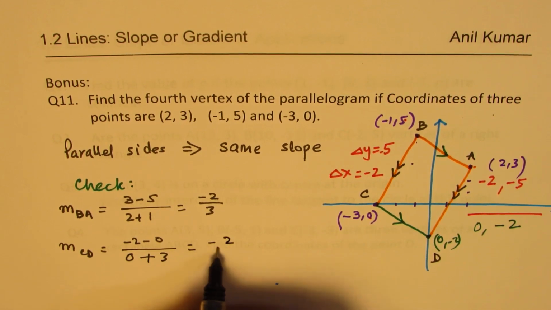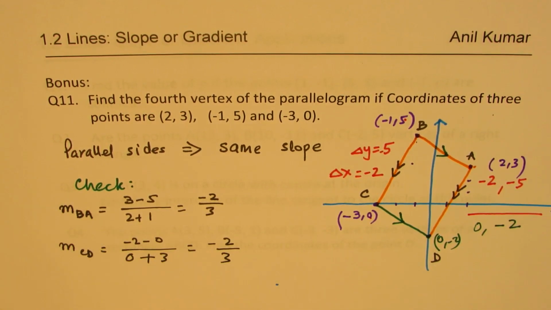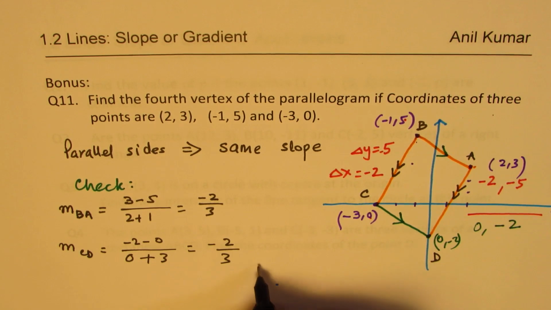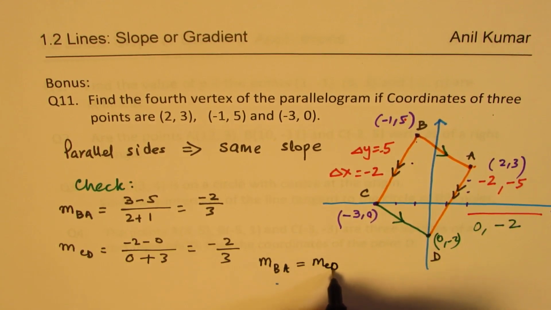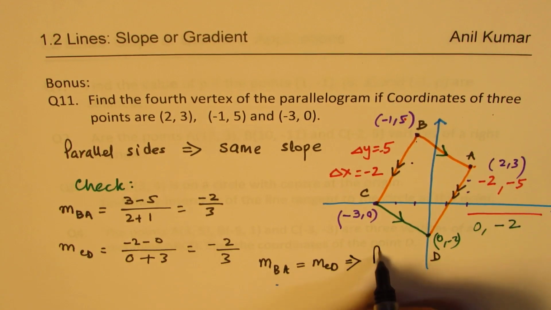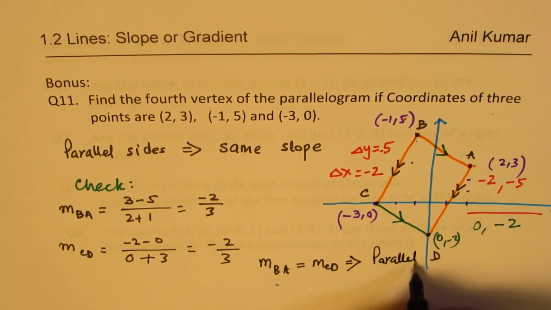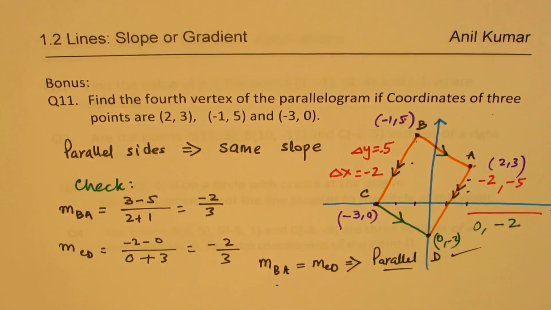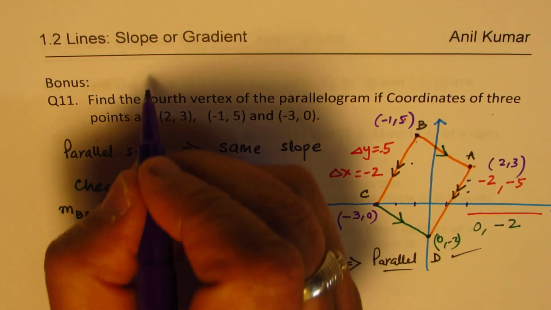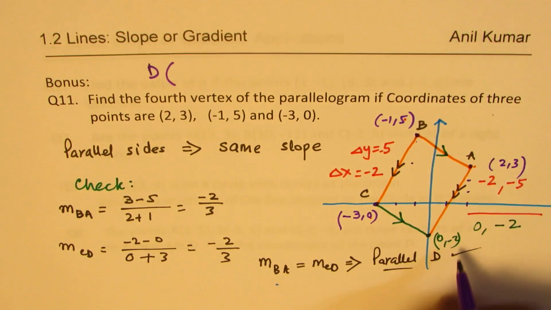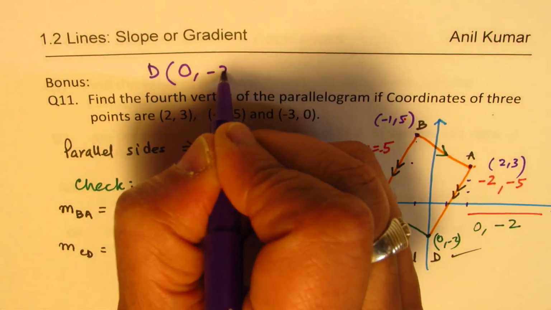Which is also minus 2 over 3. Now since these slopes are the same, slope of BA is equal to slope of CD. That means parallel. So we have shown that this point is correct. And therefore we get our answer that D, the fourth point, should be (0, -2).